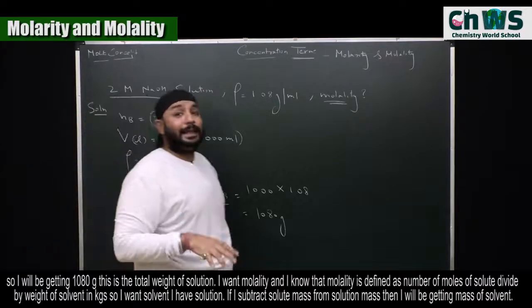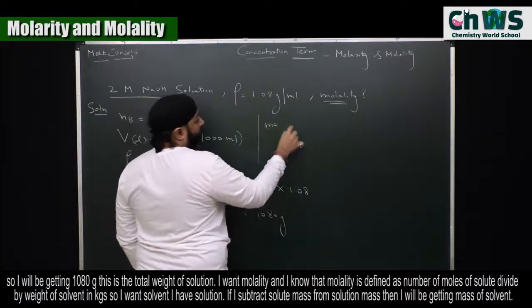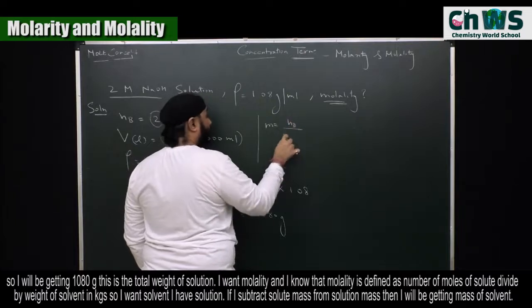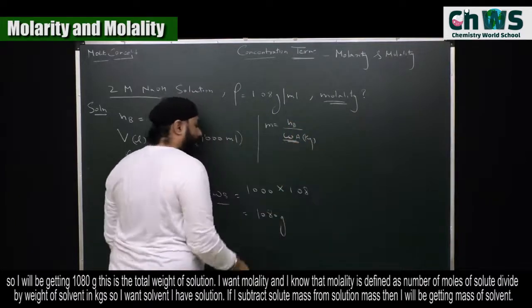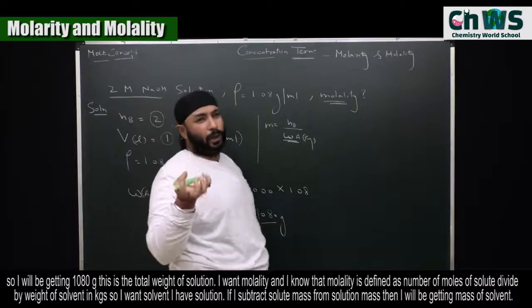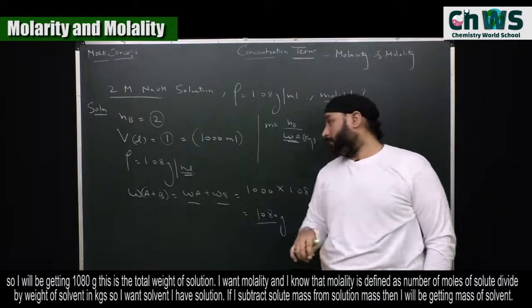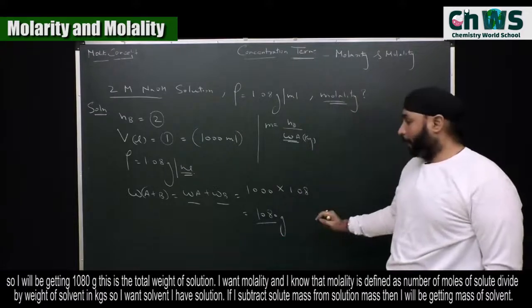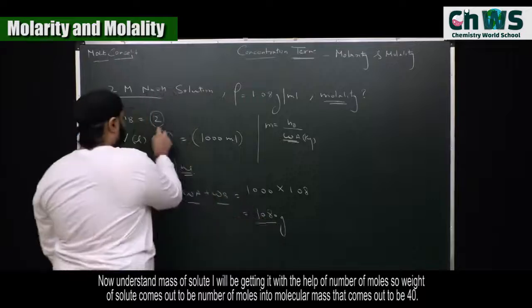I want molality, and you know that molality is defined as number of moles of solute divided by weight of solvent in kgs. So I want solvent, I have solution. If I subtract solute mass from solution mass, what will I get? Mass of solvent, right? Now understand that mass of solute I will get with the help of number of moles.